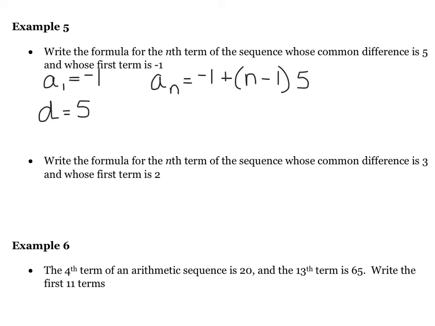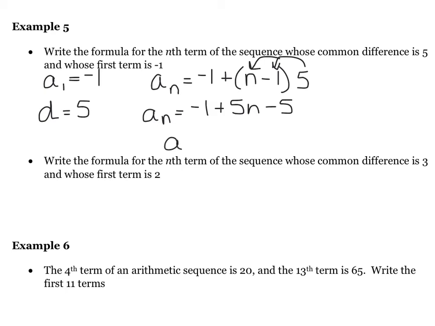We usually don't write it like this. Normally what we do is we simplify this. So let's go ahead and distribute the 5, right? We do still distribute even though it's on the right-hand side of the expression and not on the left. Doesn't really matter. So a sub n is equal to -1 plus 5n minus 5.